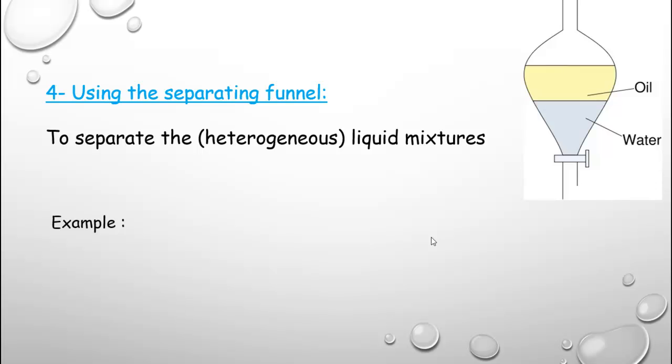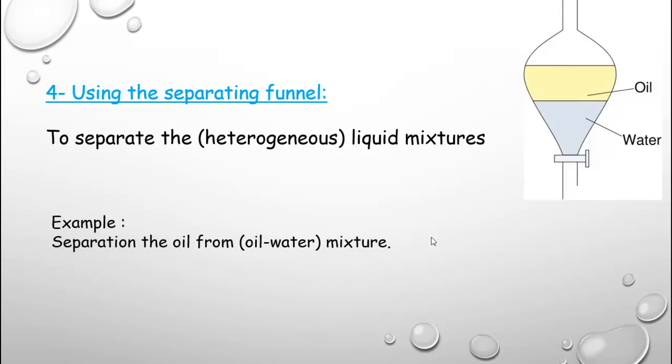Oil and water can't join together, but it's also called a mixture. So how can I separate an oil-water mixture? By using this equipment called a funnel, and this method called the separating funnel.